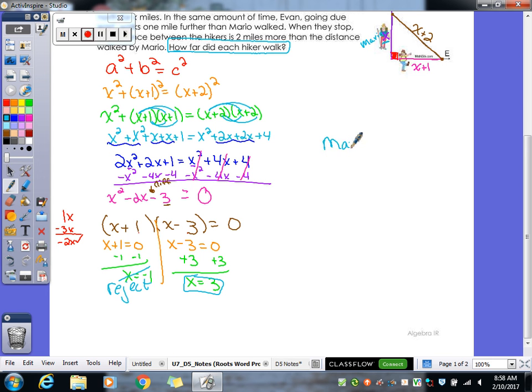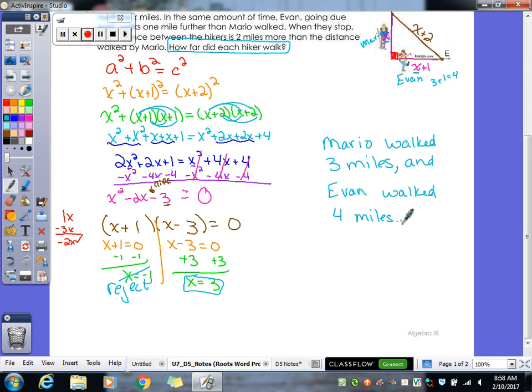So Mario walked 3 miles. And then the other one, Evan, he walked x plus 1, which we've now determined to be 3 plus 1. So 3 plus 1 means he walked 4 miles. So Evan walked 4 miles.